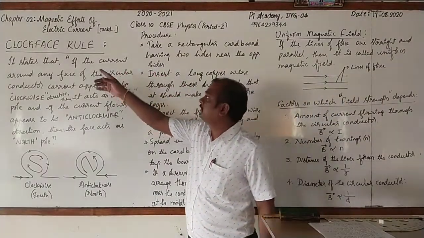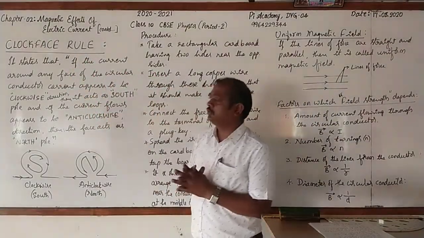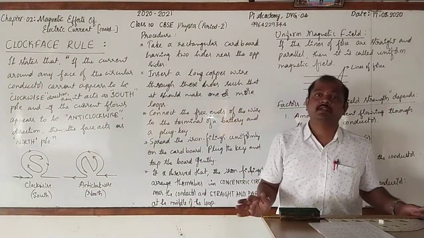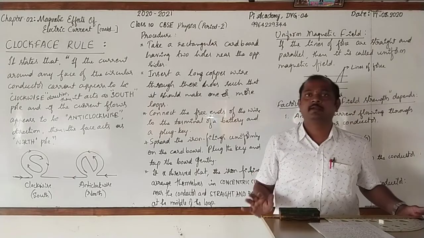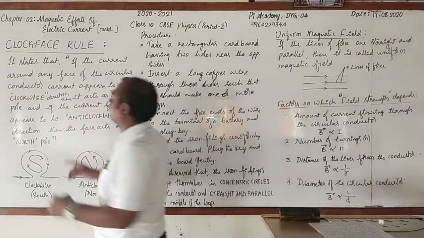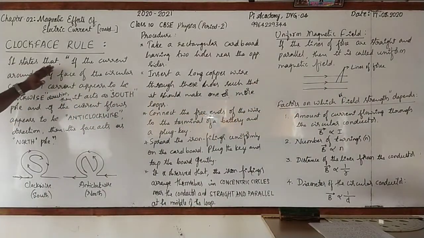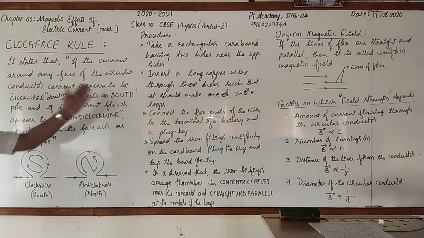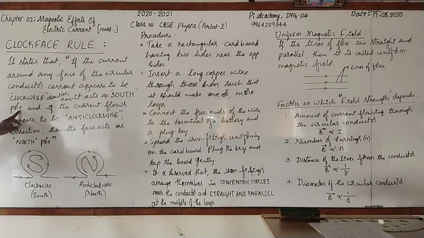Dear students, here I have written the clock face rule to identify the pole of a circular conductor carrying current, as it acts as a magnet. Please go through this. It states that if the current around any face of the circular conductor carrying current appears to be in clockwise direction, then that face acts as south pole.